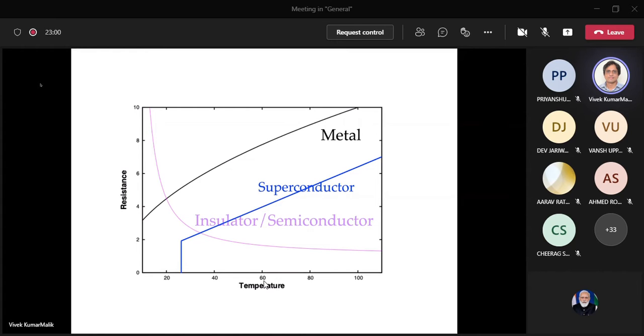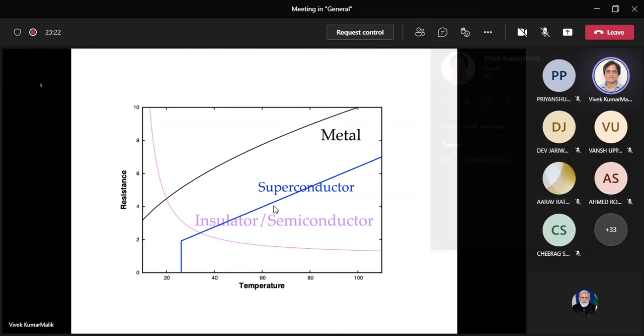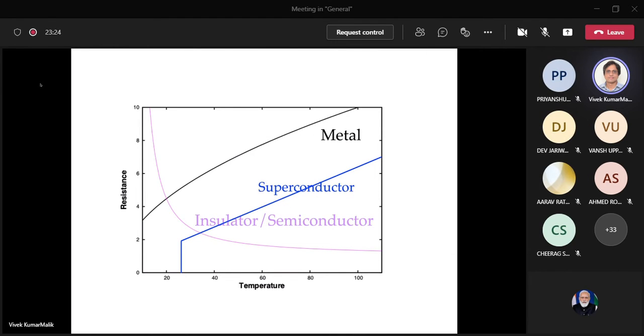Like there is a critical temperature, in the same way there is also a critical magnetic field above which the superconductor becomes a normal conductor. So you cannot go above a certain magnetic field, and that's where the limitation is. But still, nowadays we can use magnets of several tens of Tesla, which are used in MRI machines, and most of these MRI machines use superconductors.